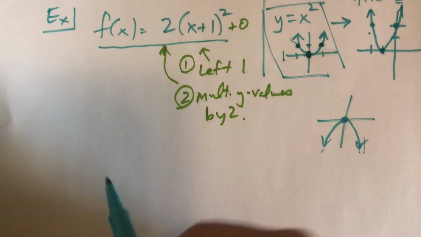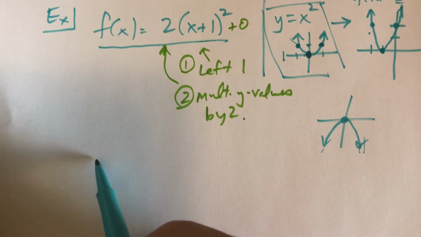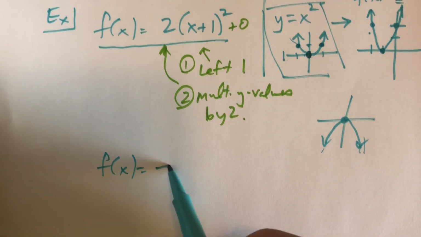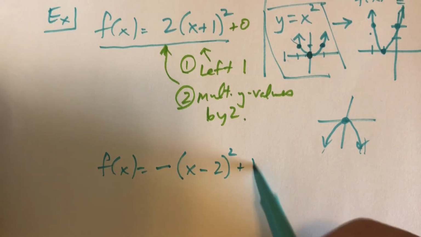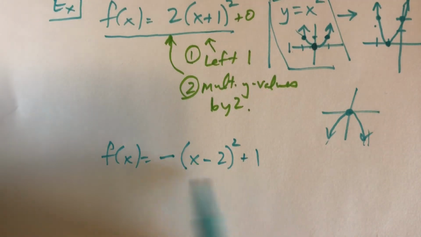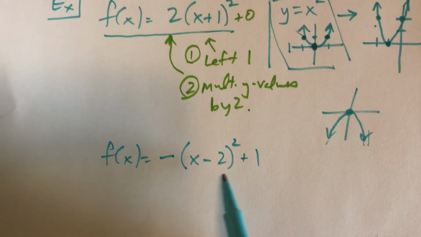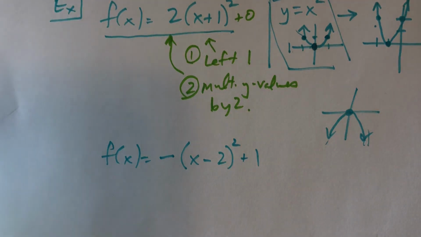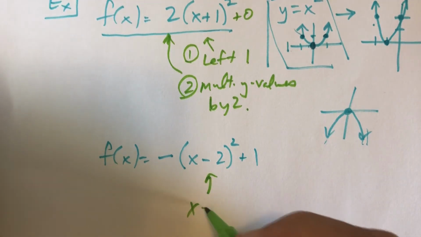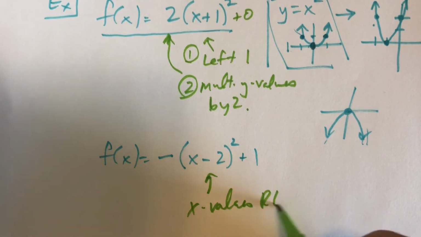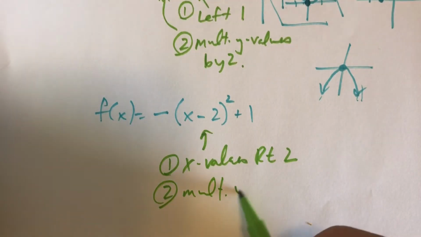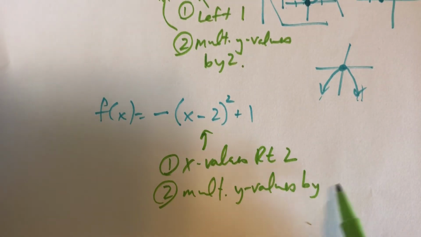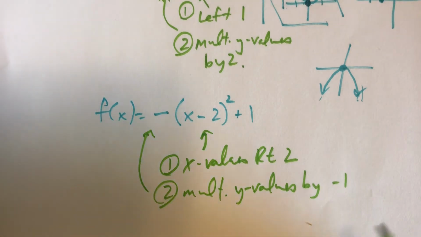Now, if for example, we would have just a real easy one, f of x is maybe negative (x minus 2) squared plus 1. So we can draw this guy by moving our x values right 2, then we want to multiply our y values by -1, and that's this part.